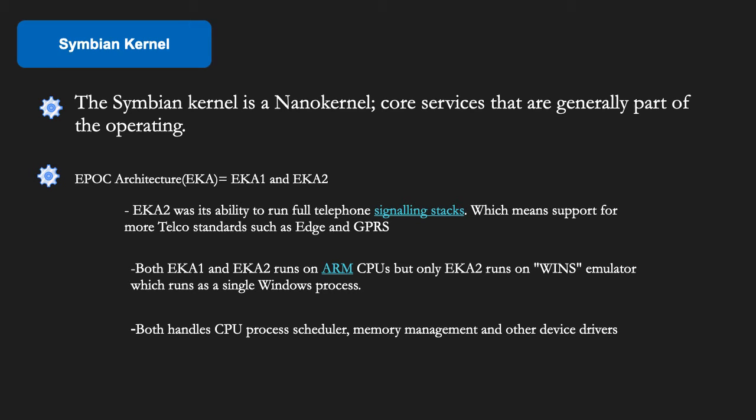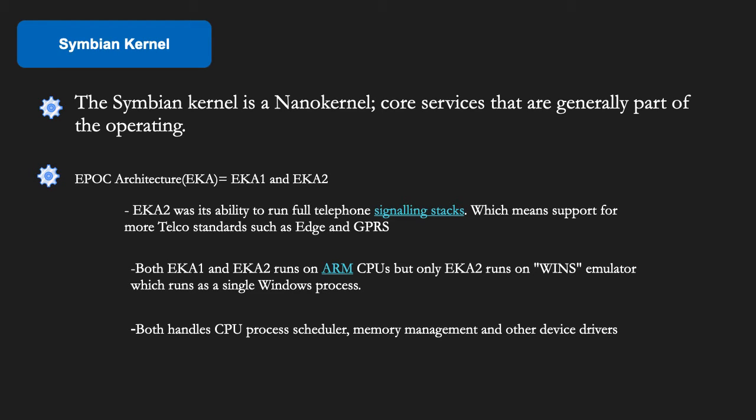As I mentioned in the first slide, the original operating system from which Symbian is derived is Epoch. So that's why they named their kernel after the original operating system, Epoch.